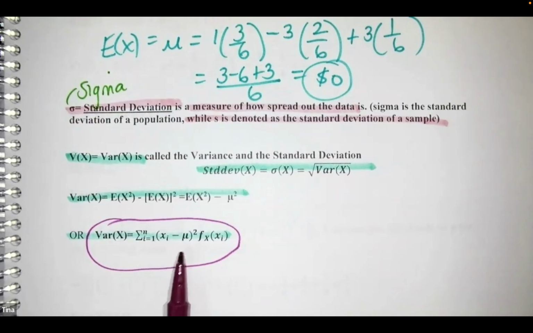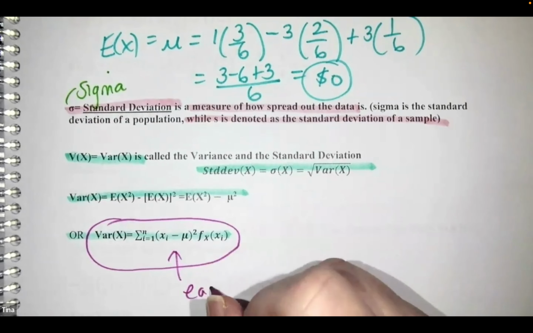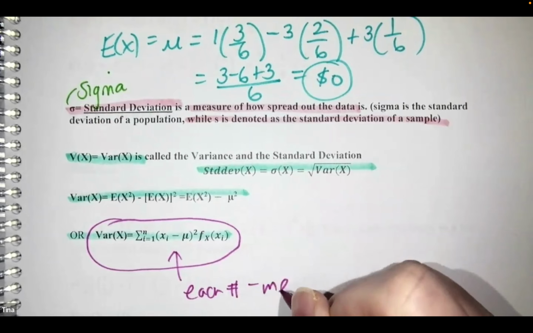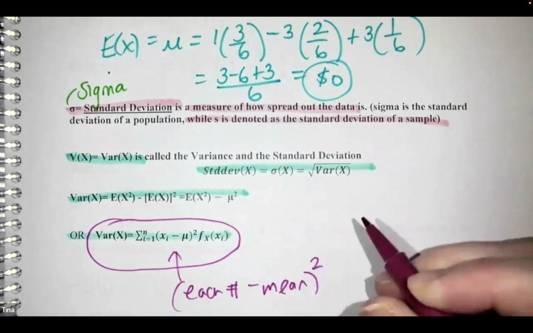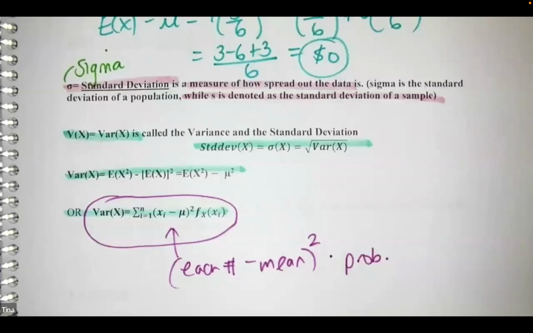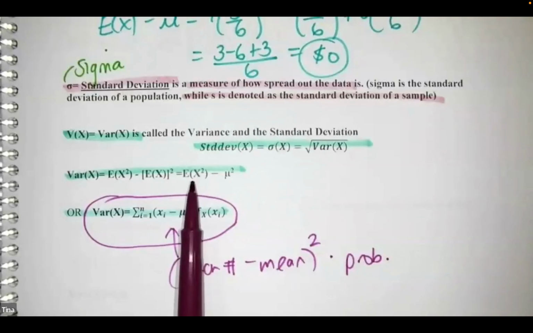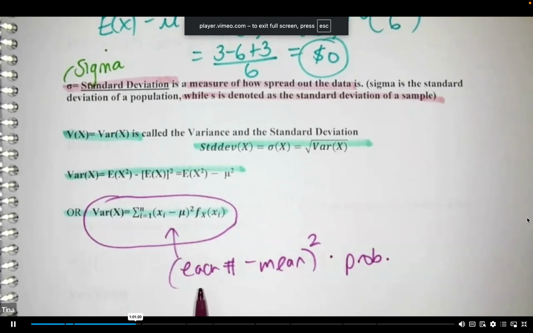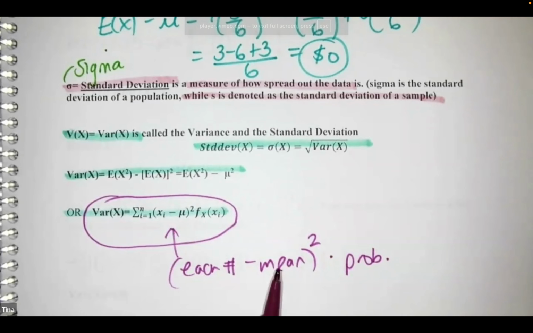It's the sum of each number minus the mean, squared, times the probability of each number, right? This one is we take, instead of E of x, we do the mean of the x squareds and then minus the answer we got for the mean, squared. In this one, because you have to take every single number minus the mean, squared, times the probability, if the mean is a fraction or if your numbers are all fractions, it creates a lot of extra work.